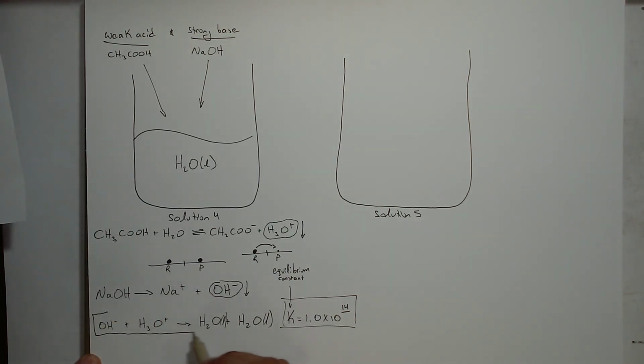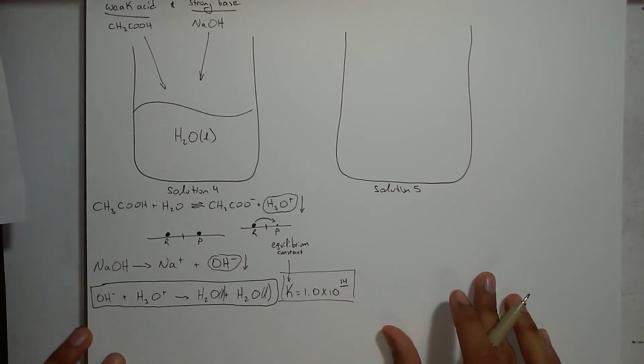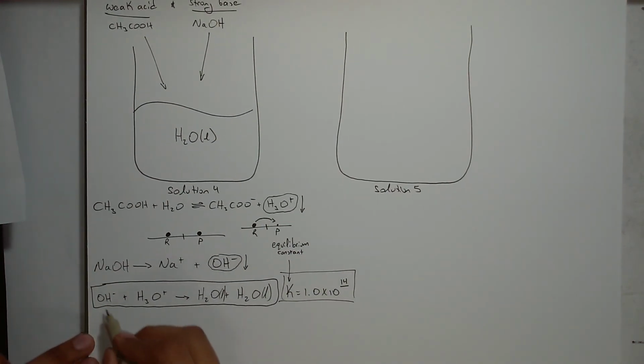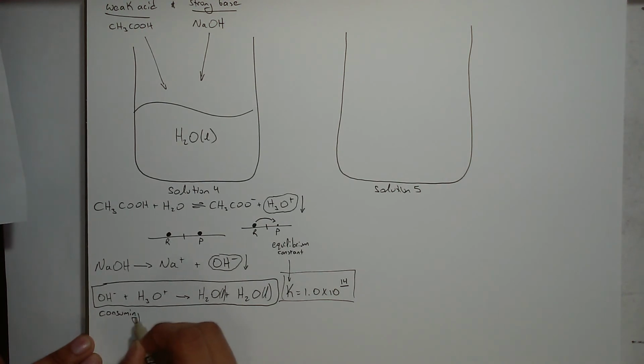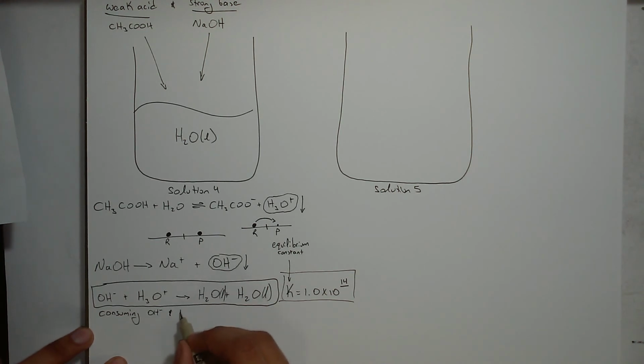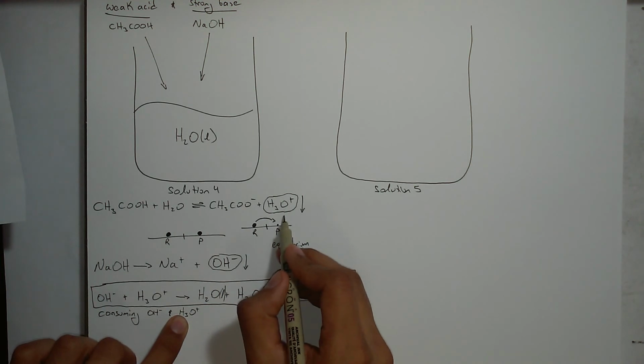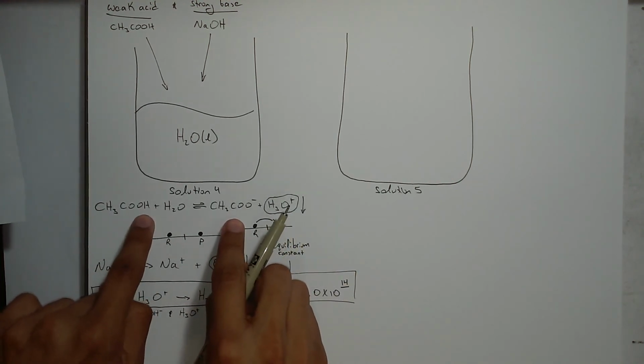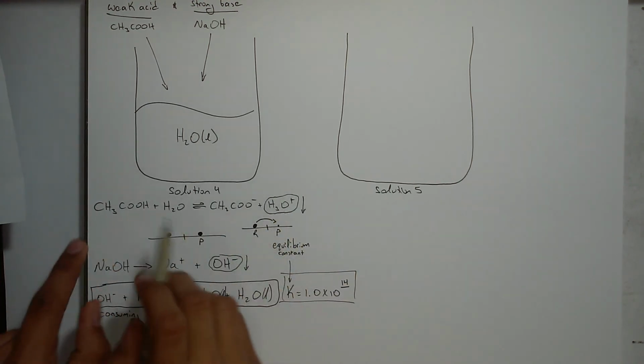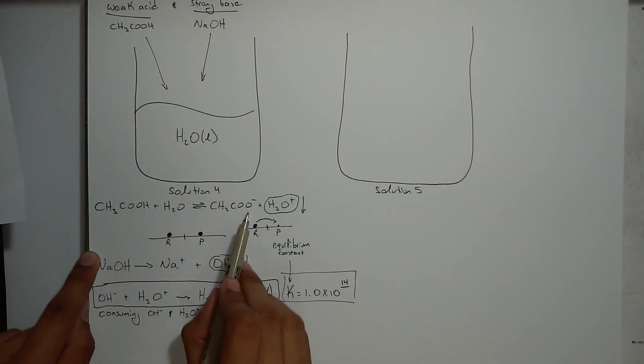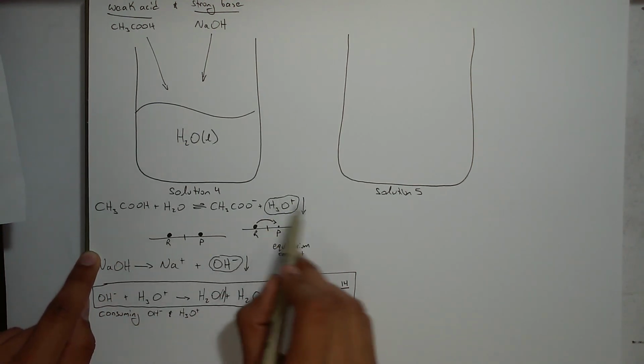This reaction right here, if I look at this top reaction, this reaction is consuming OH- and it's consuming H3O+. If I'm consuming H3O+, this top reaction, the ionization of acetic acid, wants to go in the forward direction to produce more H3O+.